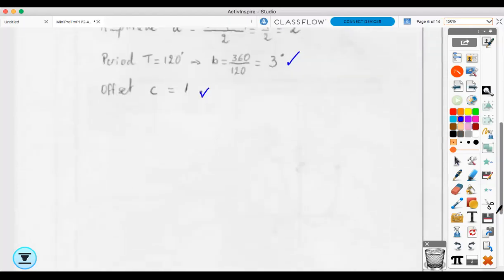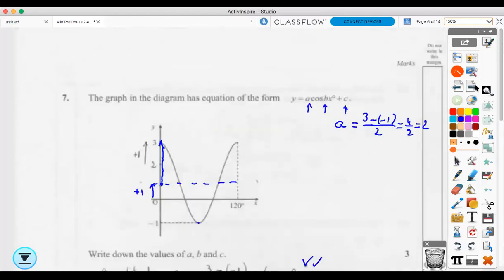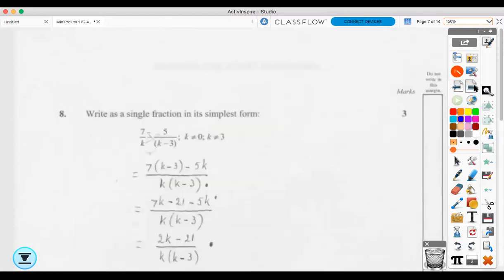Okay. So that was question 7. Question 8. Oh yeah, so this was fractions. So we had 7 over k minus 5 divided by k minus 3.